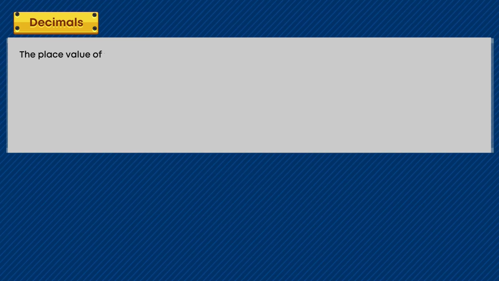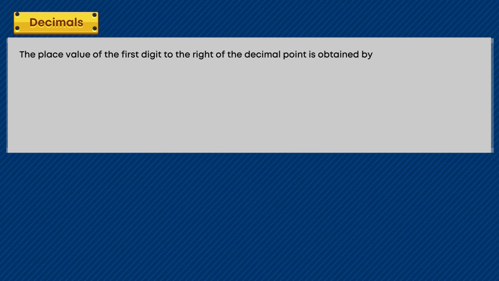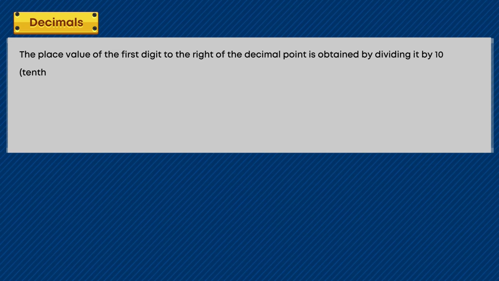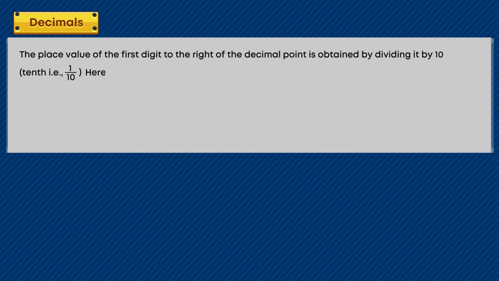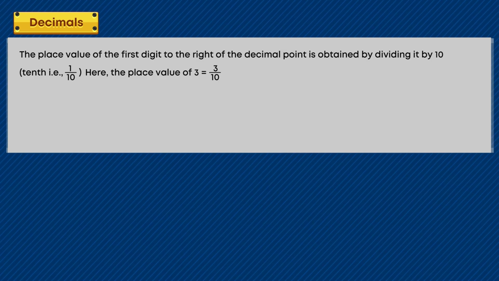The place value of the first digit to the right of the decimal point is obtained by dividing it by 10, that is, 1 by 10. Here, the place value of 3 is equal to 3 by 10.